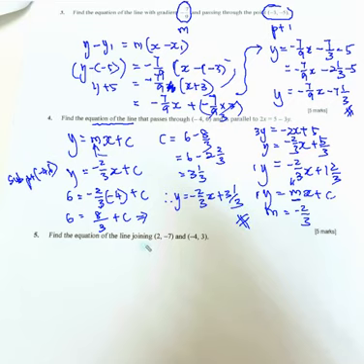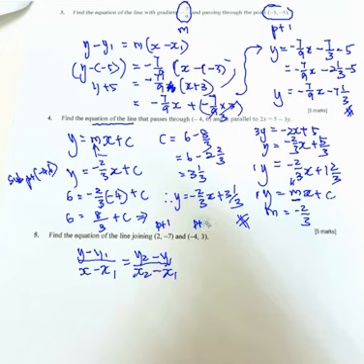Now find the equation of the line joining the 2 points. For this one we have to use this formula: y minus y1 over x minus x1 equals y2 minus y1 over x2 minus x1. Let's say this is point 1 and this is point 2.